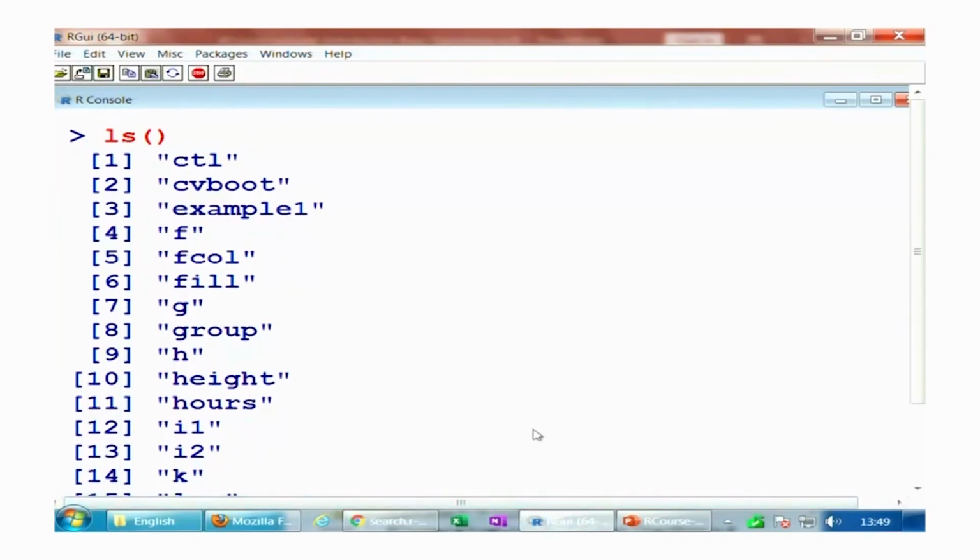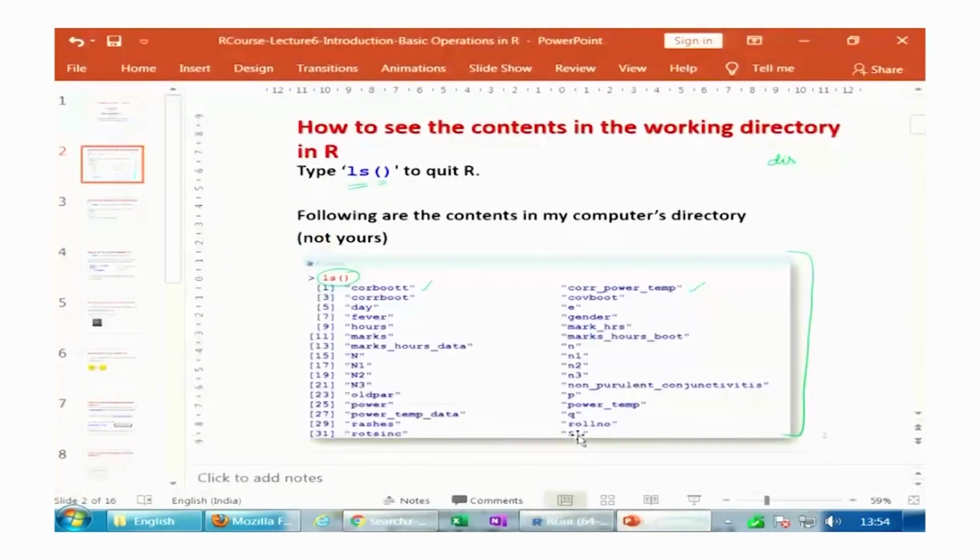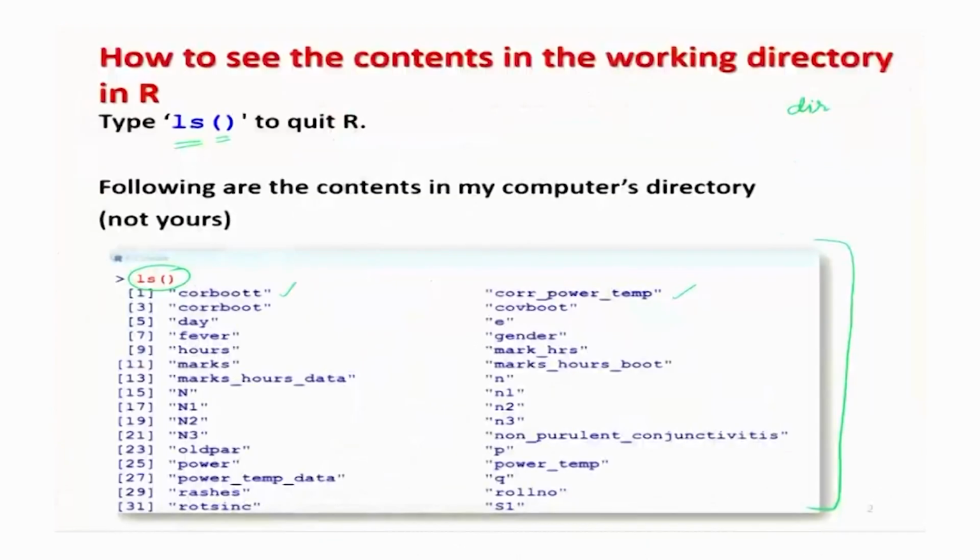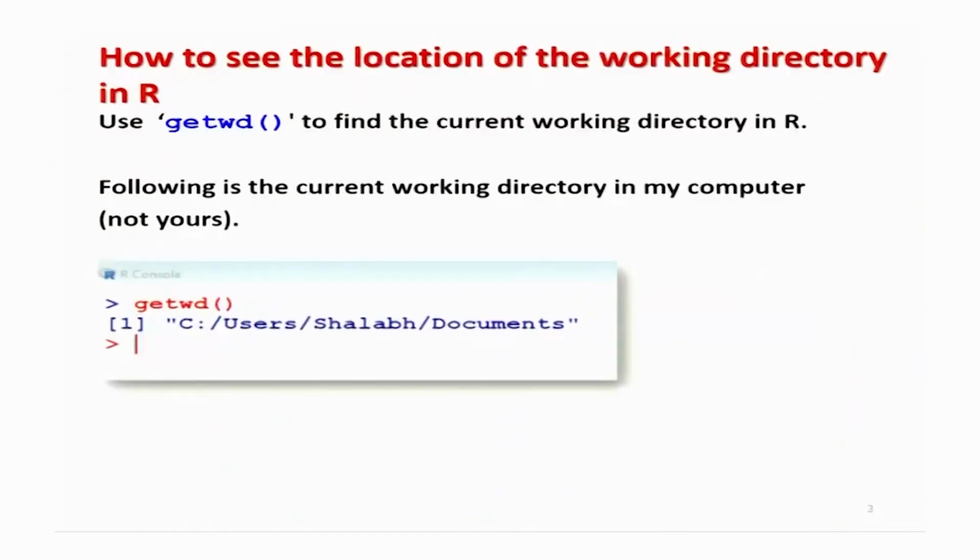Now we come back to our slides, and we try to understand some more basic operations. Suppose you start working in the R software, and you would like to know the location of your working directory, which is the place where all your files are located.